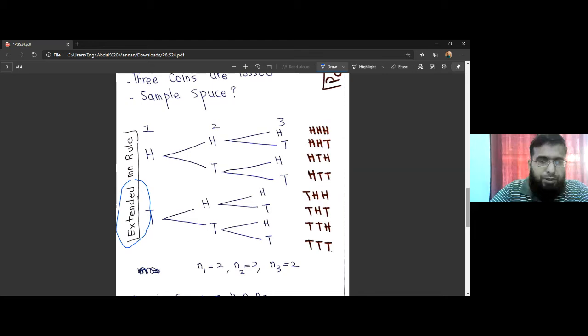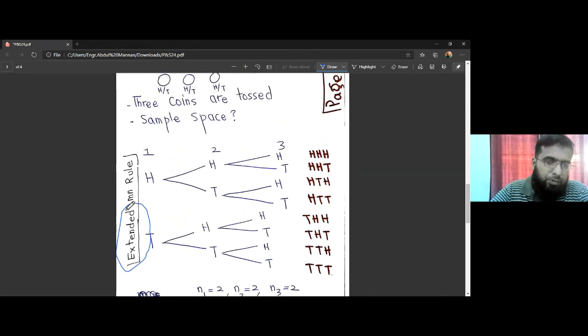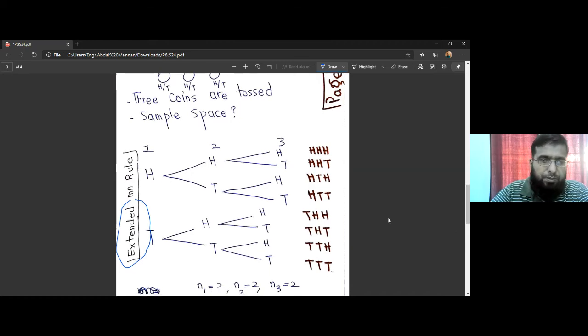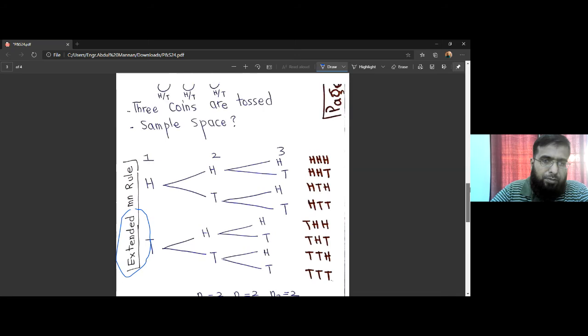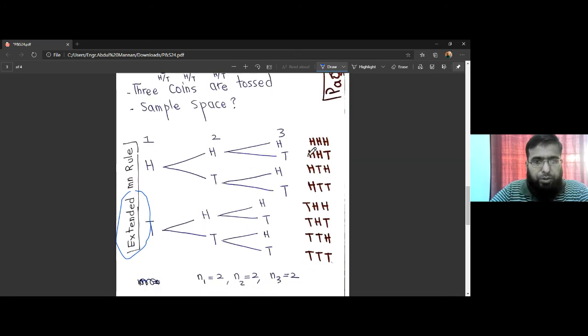In other words, it can also be thought of as an extended mn rule, where m is the number of times the experiment is repeated, and n is the number of options in each experiment. For the first coin we have 2 possible outcomes, for the second coin we have 2, and for the third coin we have 2. So 2 times 2 times 2, there are 8 options, and we can reach the same answer by drawing this tree too.